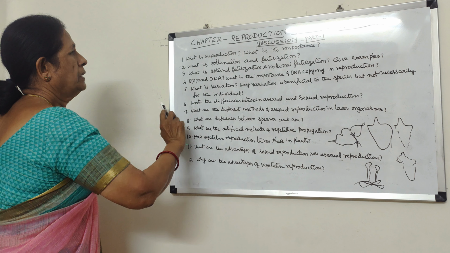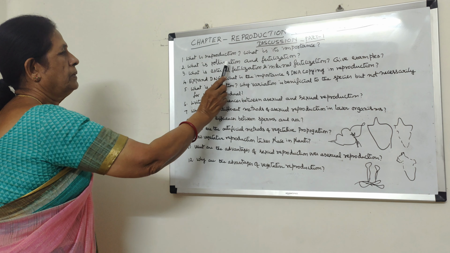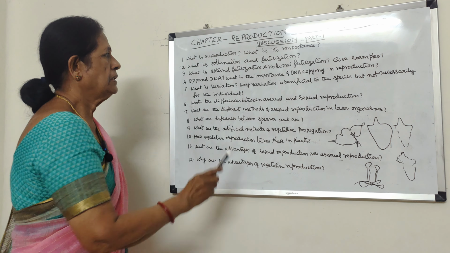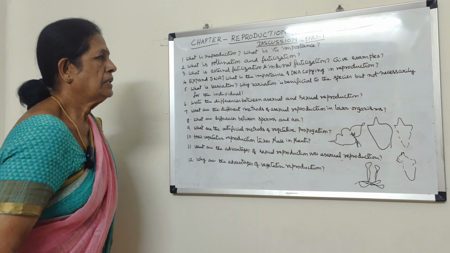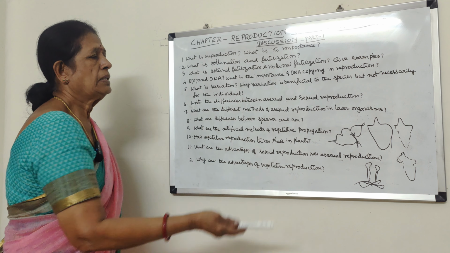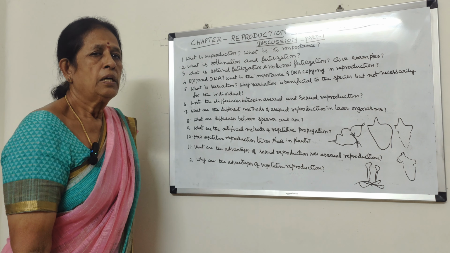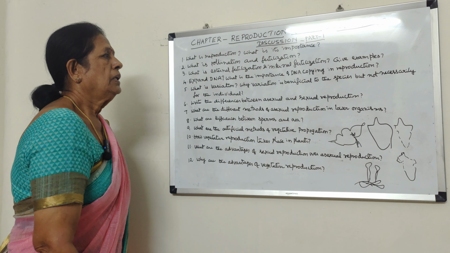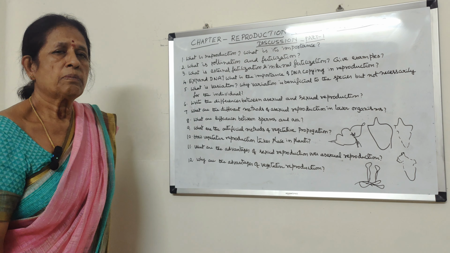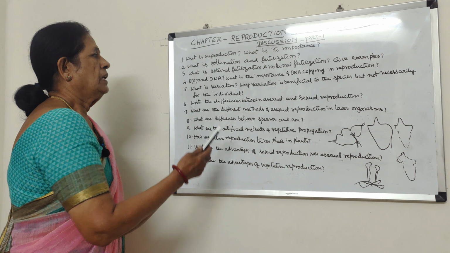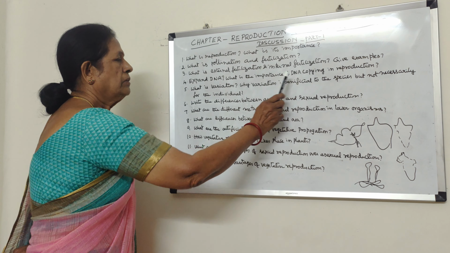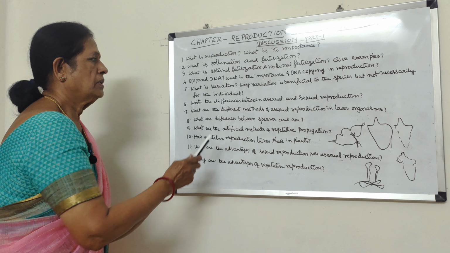What is reproduction, what is the importance of reproduction, what is pollination and fertilization, external fertilization and internal fertilization. External fertilization, I told you examples of fish, frog, earthworm, etc. Internal fertilization mainly takes place in terrestrial organisms. Genetic material, DNA, is passed on.